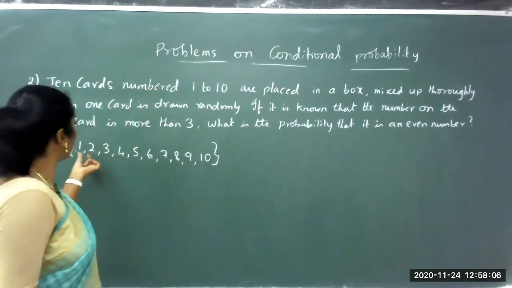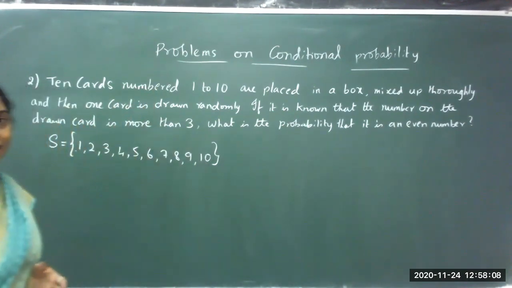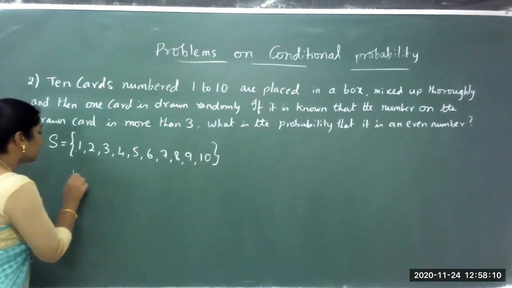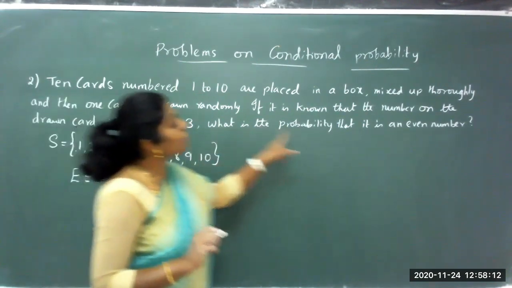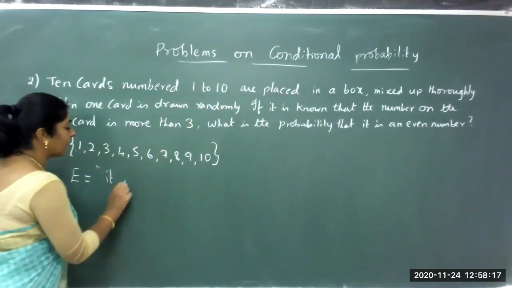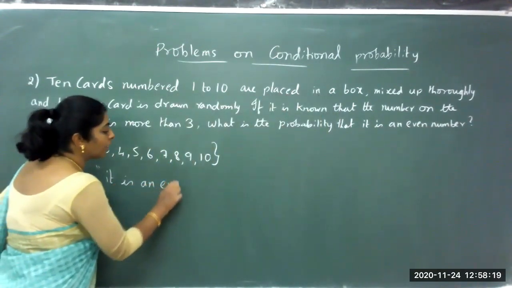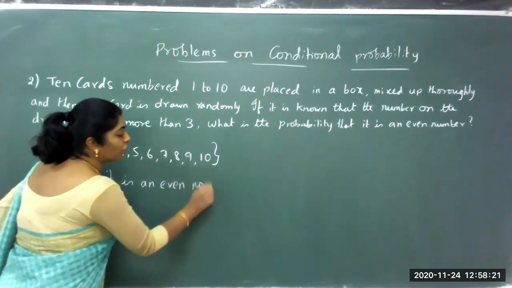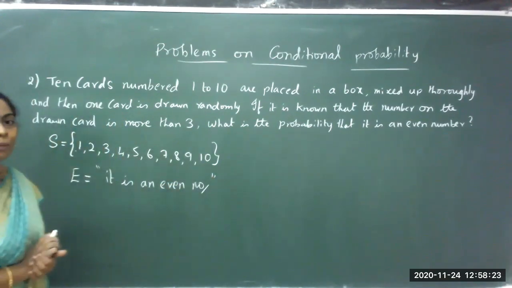S is the sample space: 1, 2, 3, up to 10. Then E is the event I am taking: the card is an even number. I have to find the probability of it.